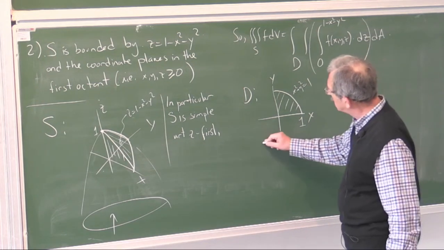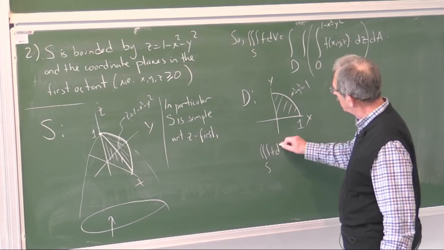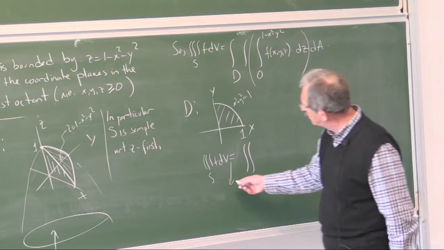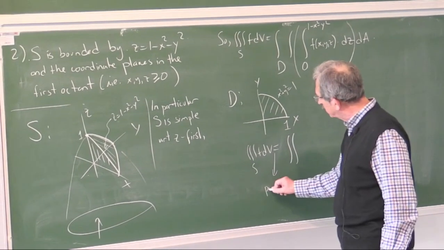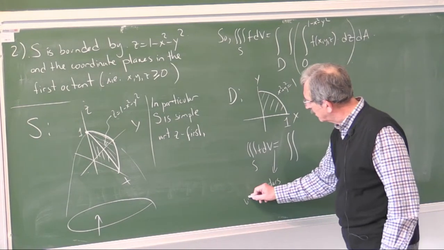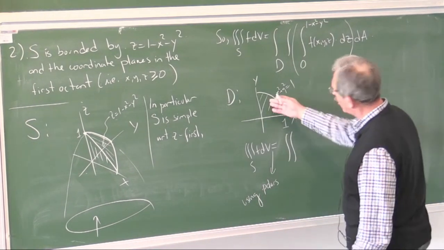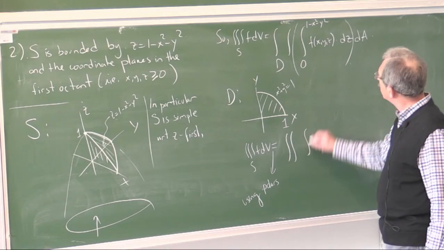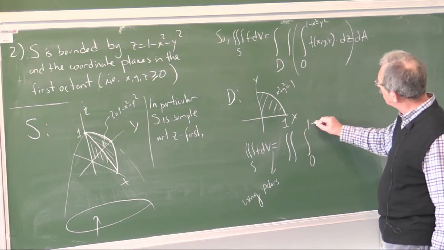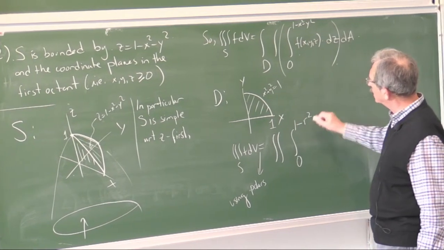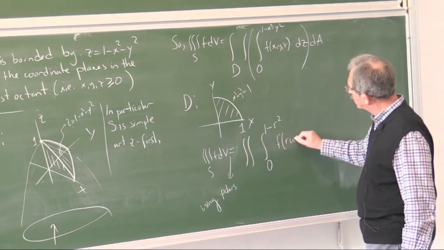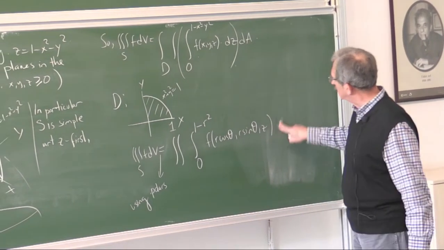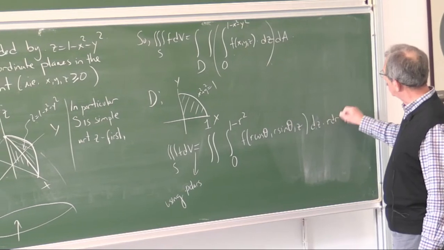So it follows that our integral can be written as, I will not use Cartesian here, just use polars. Because we have a circular piece, so polars are easier to use in the double integral. And of course, I have here 0 to 1 minus, well, x squared plus y squared is r squared. I have r cosine theta, r sine theta, and z, and dz, of course, times r dr d theta.